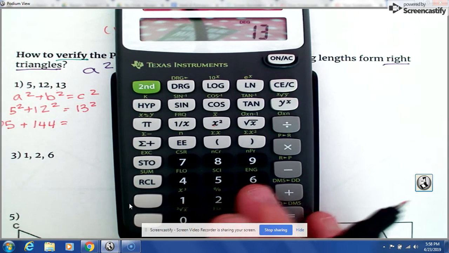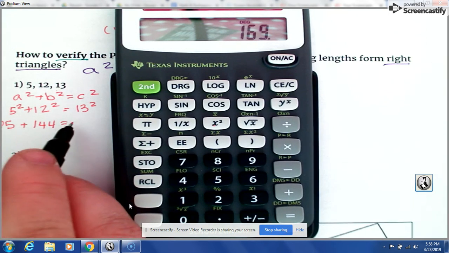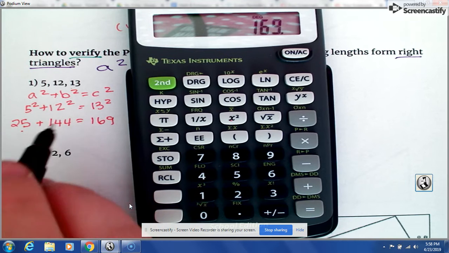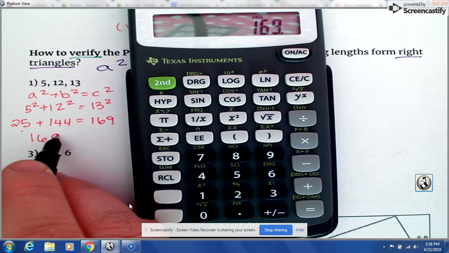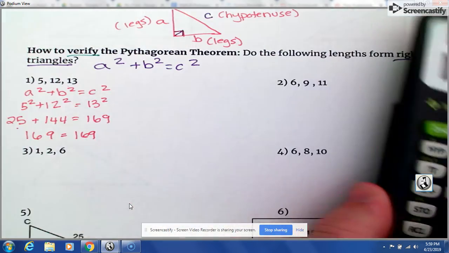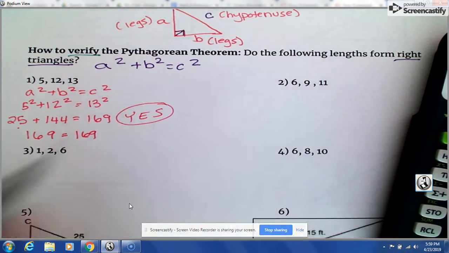Then 13 squared is 169. 25 and 144 added together is 169. Since 169 equals 169, these lengths form a right triangle. So yes, that's a right triangle.